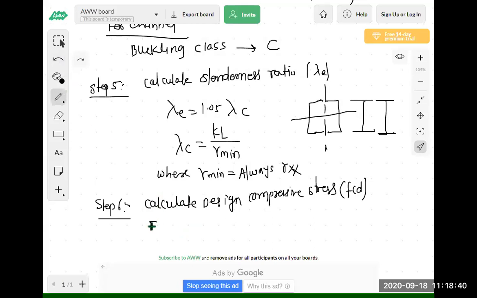for buckling class C, we have to go table number 9C always.